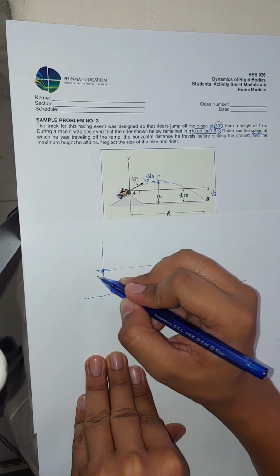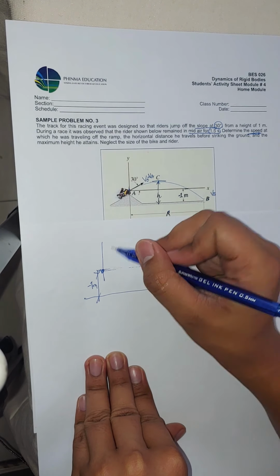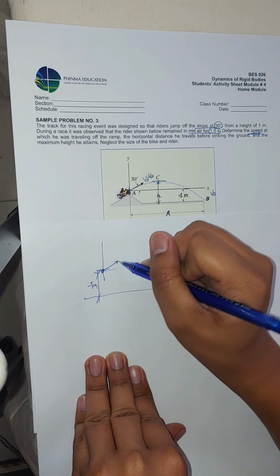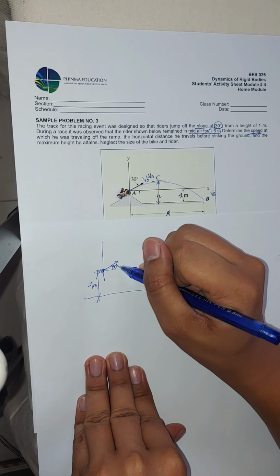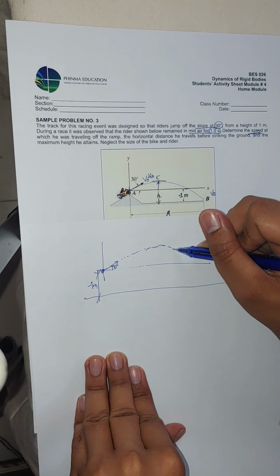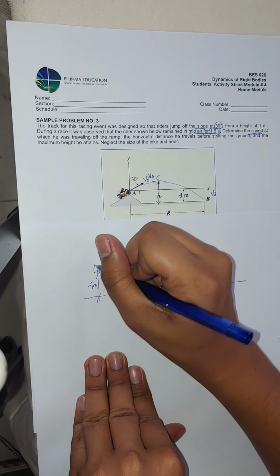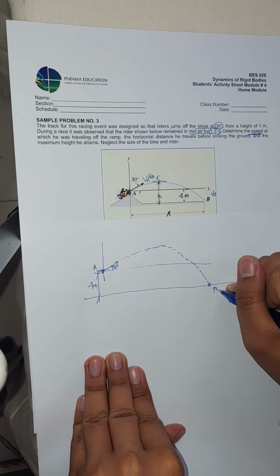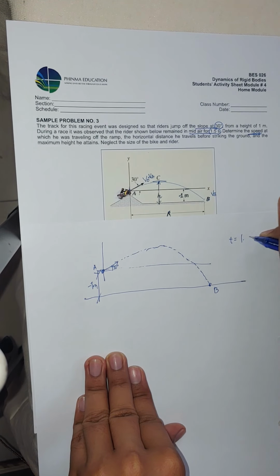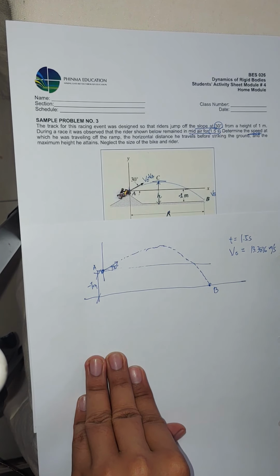From this origin down, this is negative 1 meter, and then 30 degrees inclination. It moves until it stops. This is point A, point B. Total time of its movement is 1.5 seconds. Initial velocity is equal to 13.3816 meters per second.